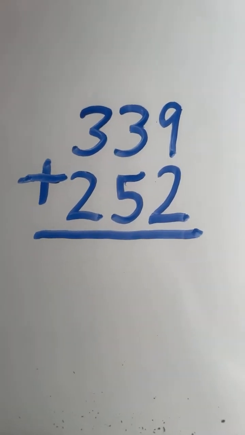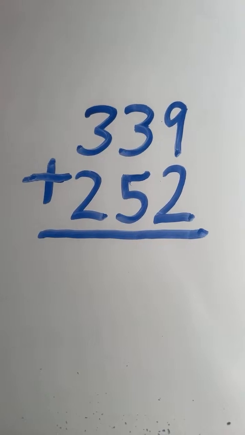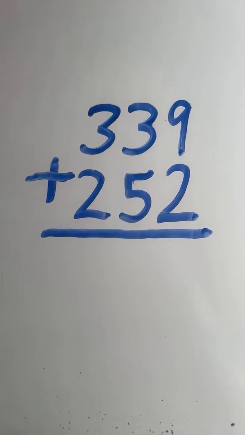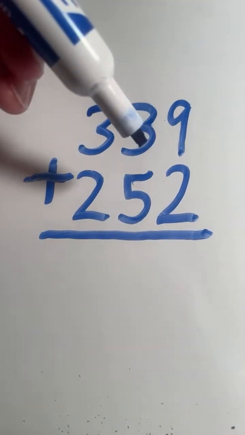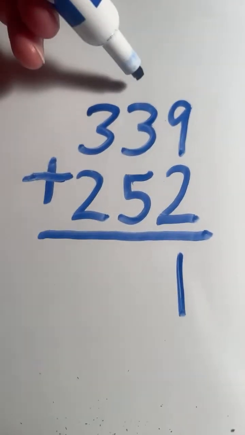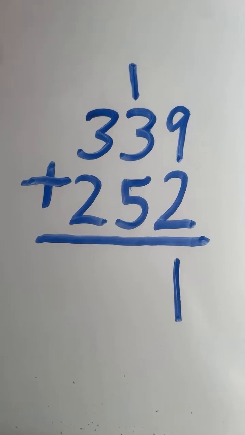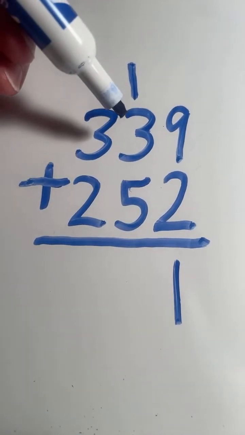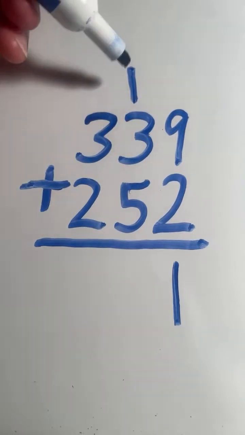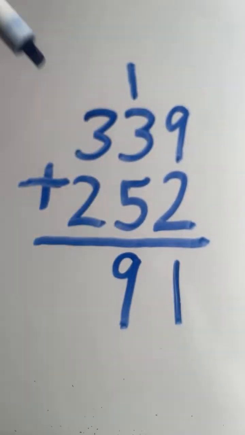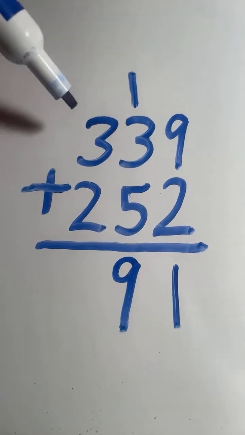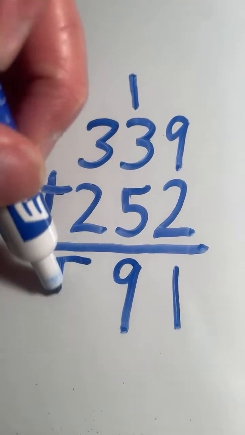We have 339 plus 252. So, starting in the ones place, 9 plus 2 equals 11. 1, carry the 1. 3 plus 5 equals 8, plus 1 equals 9. 3 plus 2 equals 5.